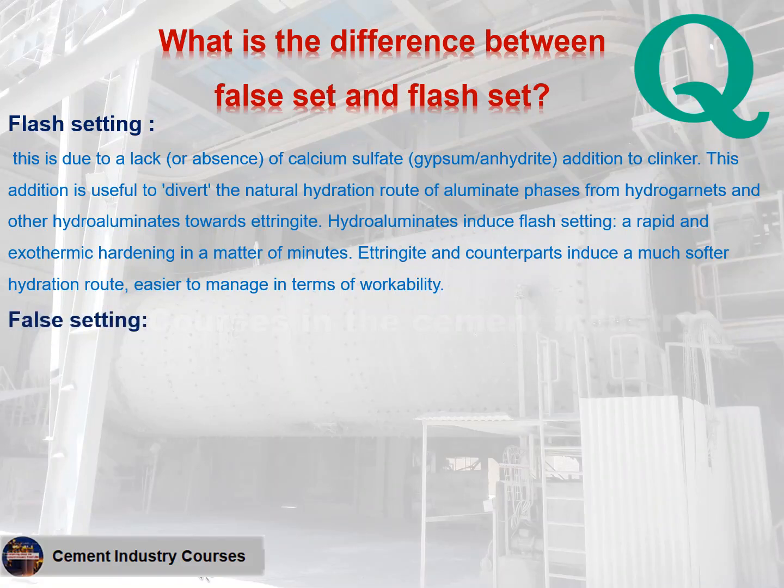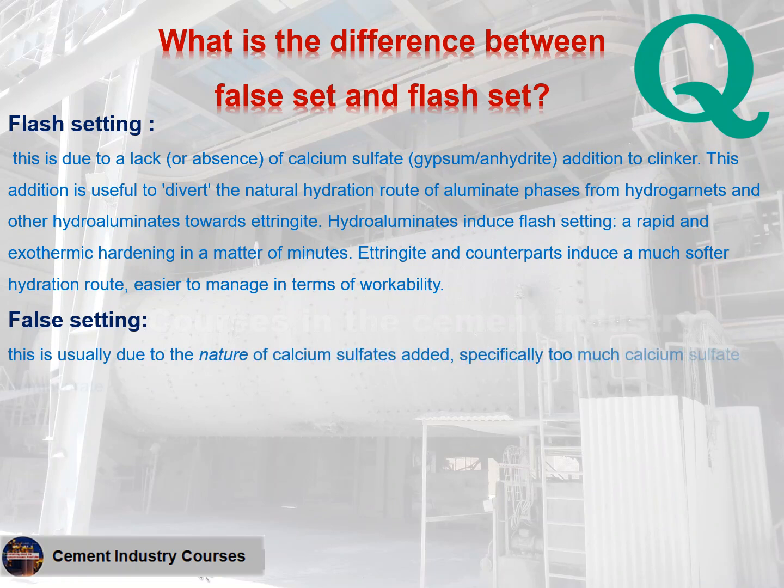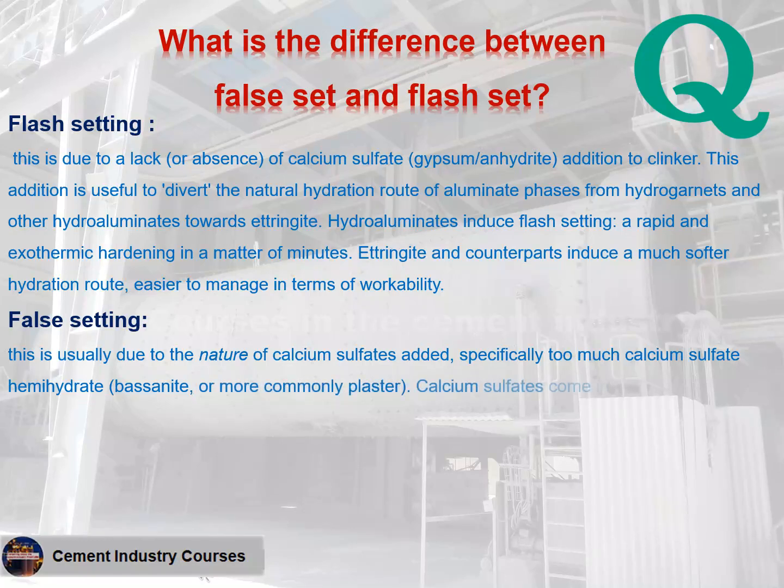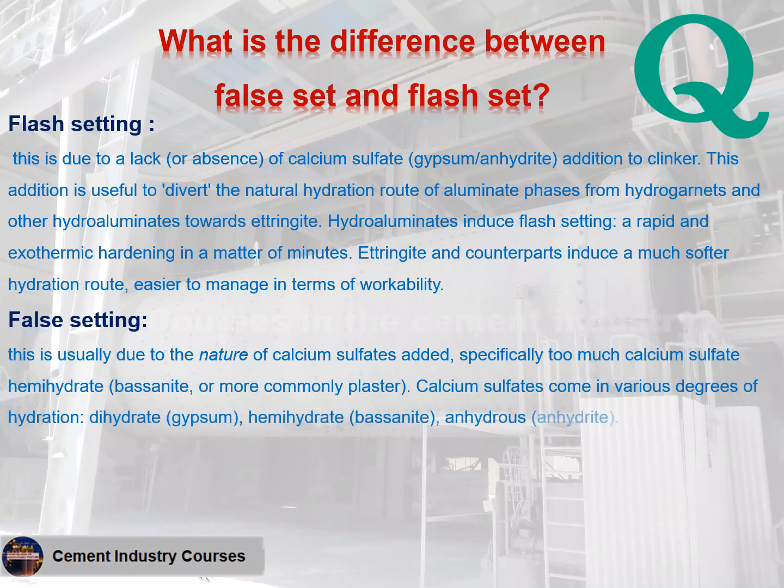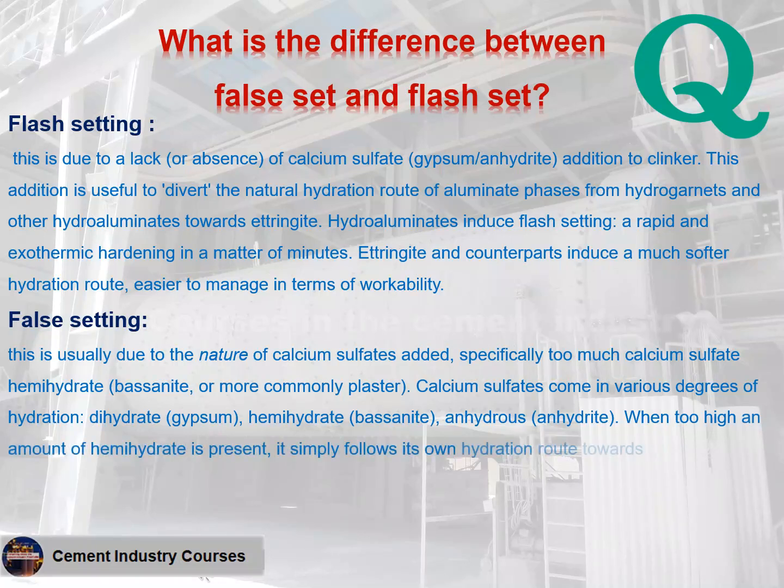False setting. This is usually due to an overdose of calcium sulfates added, specifically too much calcium sulfate hemihydrate, bassanite, or more commonly plaster. Calcium sulfates come in various degrees of hydration: dihydrate, gypsum, hemihydrate, bassanite, anhydrous, anhydrite.